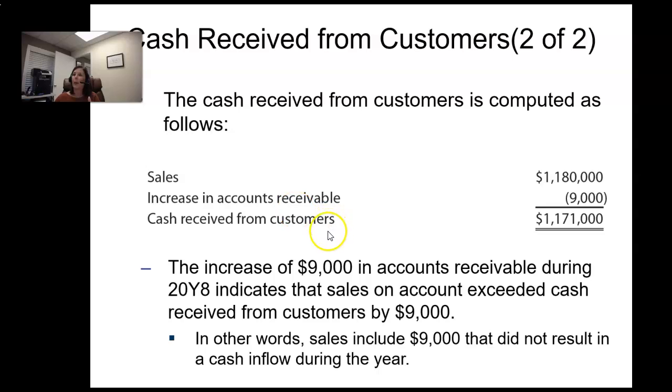And so in this case, we had an increase of $9,000 in our accounts receivable. So we subtracted that. If our accounts receivable went up, that's people who owe us money, so we collected less cash. So we're going to subtract the cash we didn't collect, that difference, from our sales figure.